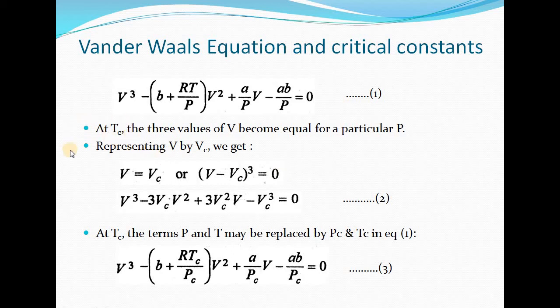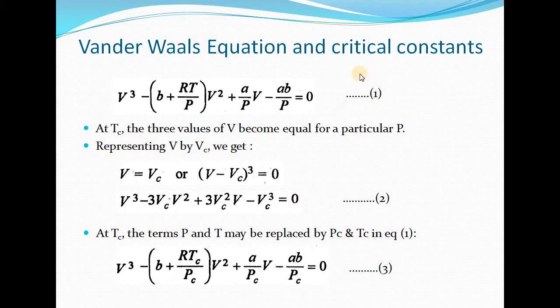So at the condition of critical temperature, V has three roots whose value is equal to Vc. So we can write at critical temperature the equation should be (V minus Vc) cube is equal to 0. On solving this, we get the equation V cube minus 3Vc V square plus 3Vc square V minus Vc cube equal to 0.